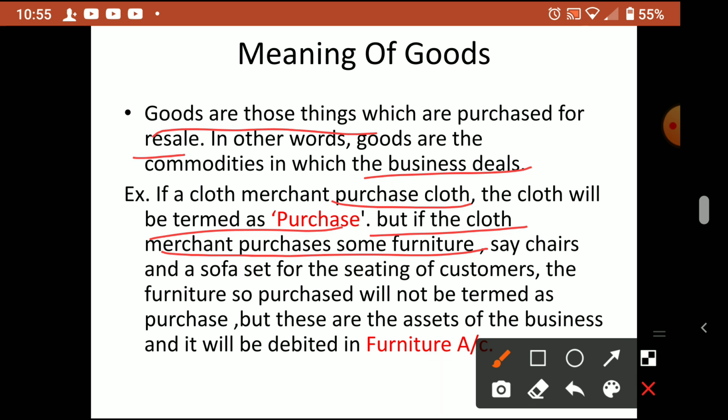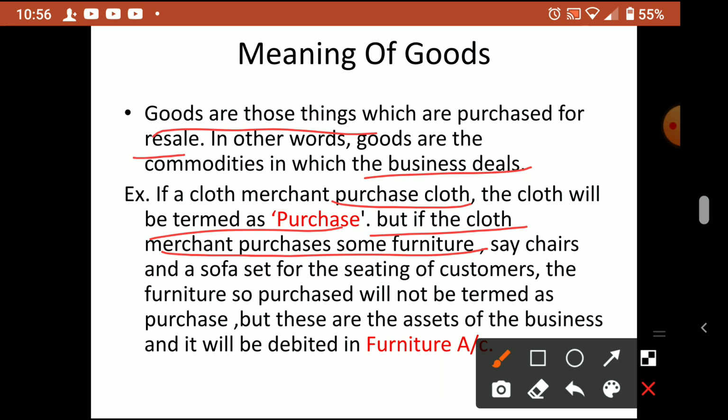But if the cloth merchant purchases some furniture, say chairs and a sofa set for the seating of customers, that is not for resale. Clearly differentiate and understand. Furniture is not for resale, it is for use in the business. What is goods depends on the nature or type of business we are dealing with.